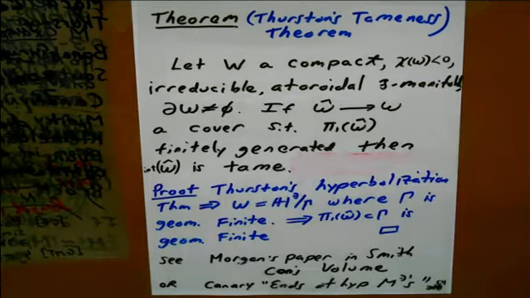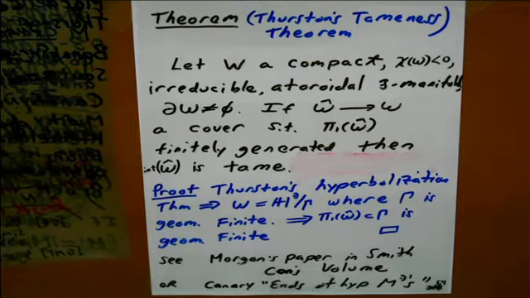He mentioned it at the very end of his lecture, and it is this. Suppose you have a compact three-manifold that's irreducible and atoroidal, so there are no essential Z plus Z subgroups in the fundamental group of this manifold.